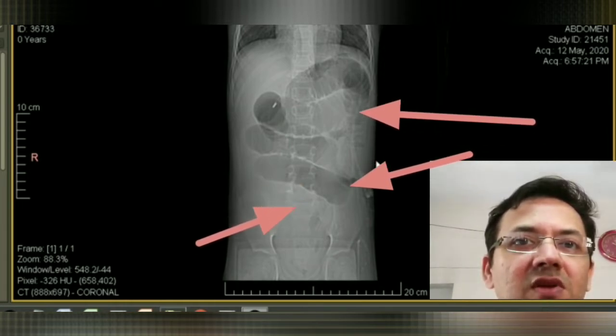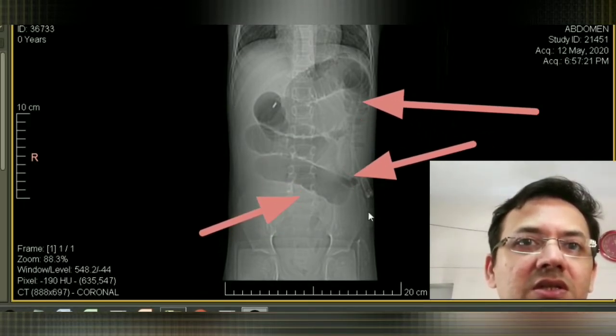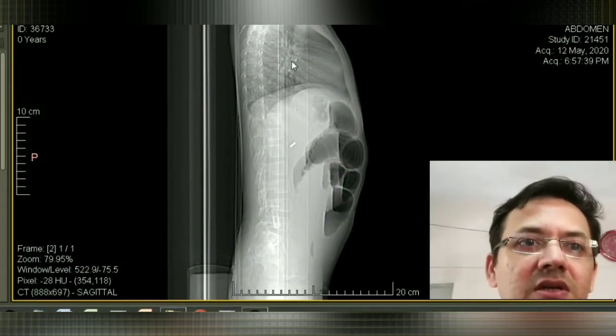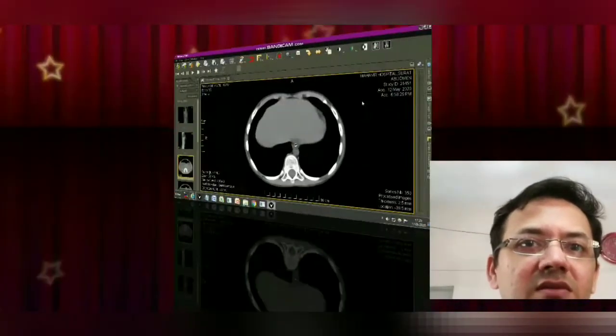loops in the upper and central abdomen with distally no gaseous shadow, particularly at the ileocecal level. The same findings we can see on the lateral view as well.